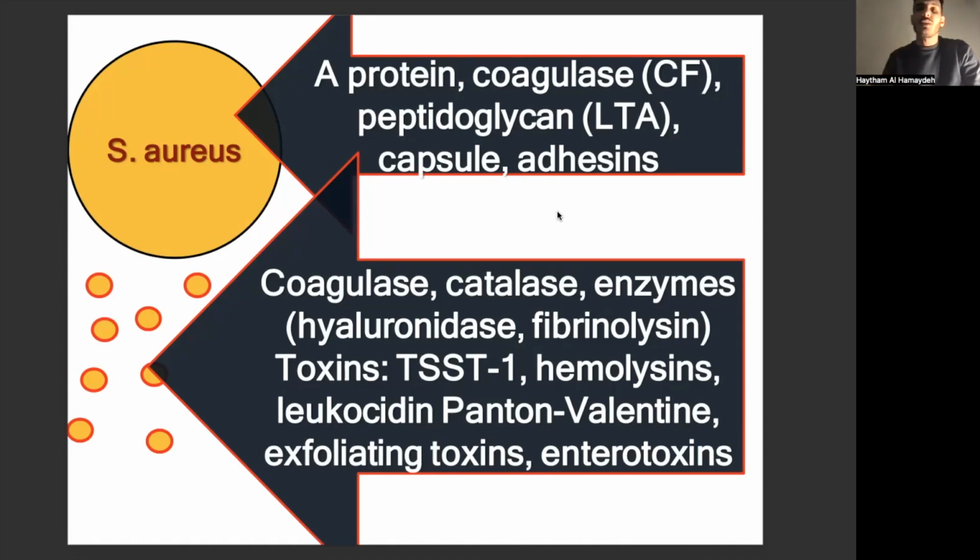Coagulase, as I discussed, mainly produces clots to help aureus grow and prevent the body from destroying it.